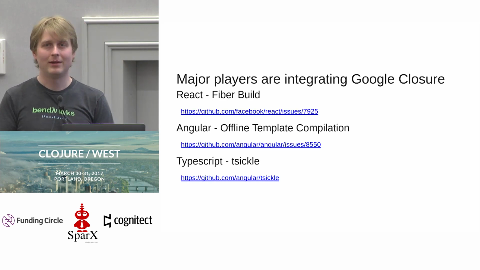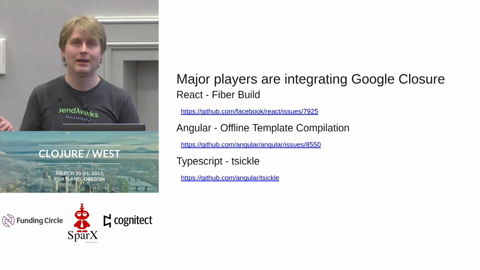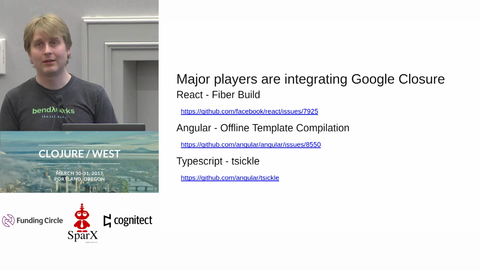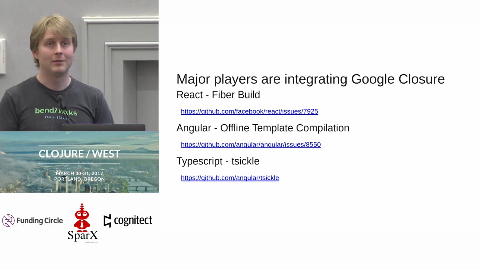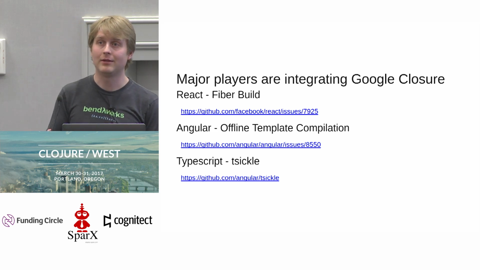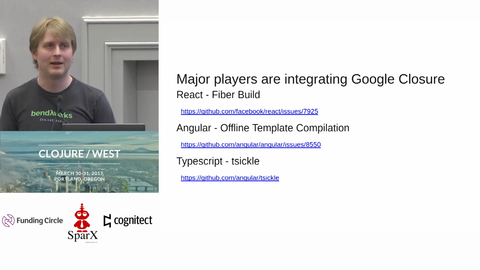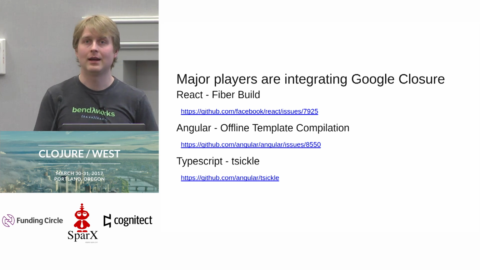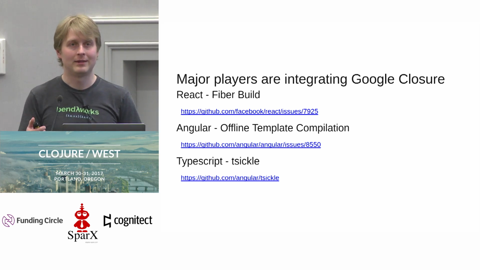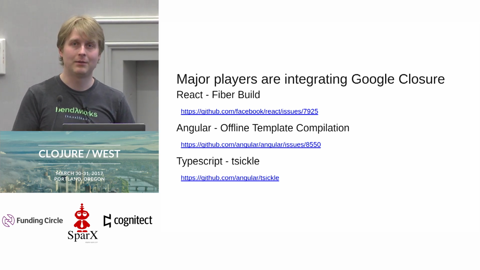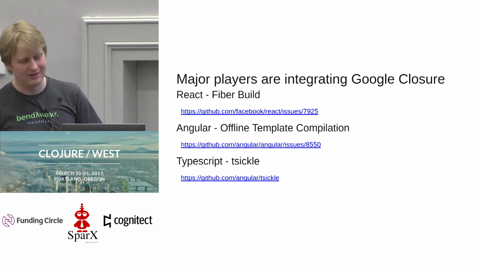Major players are working on integrating Google Closure. React through its Fiber build system is working on this. Angular through its offline template compilation is also working on this. And TypeScript is working on tsickle, a compiler that compiles TypeScript code to Google Closure compatible code.